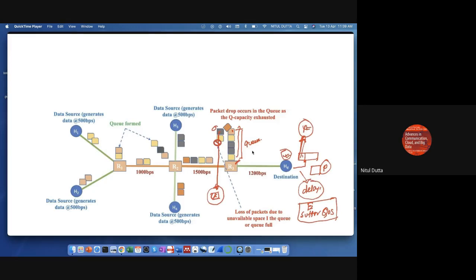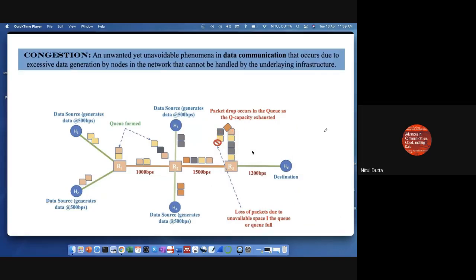That is why the network needs to take care of such a situation in an efficient way. In order to improve the QoS to the end user, it is the responsibility of the underlying network architecture to handle such unwanted situations.